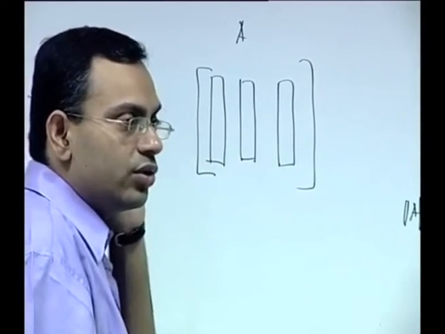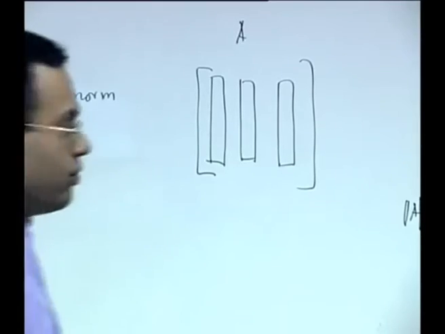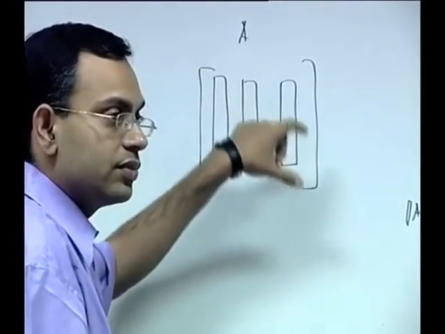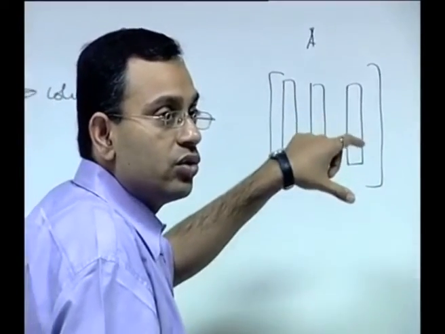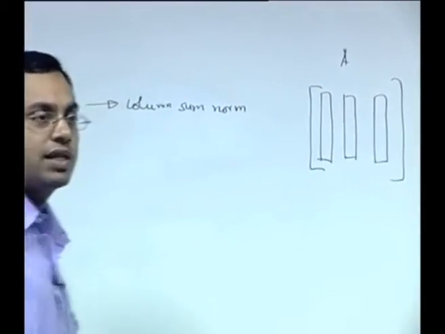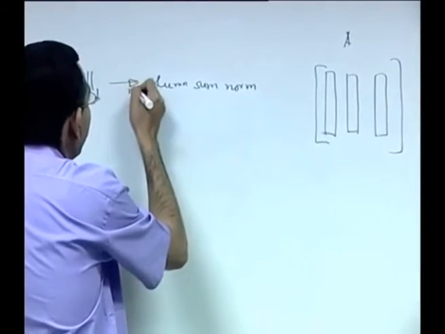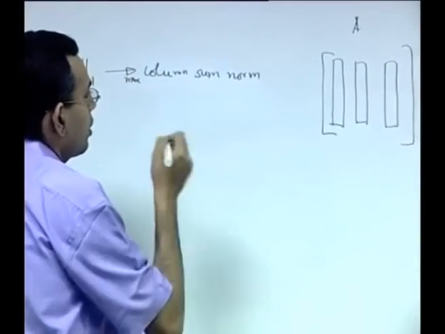Essentially you find the sum of the magnitudes of the elements of each column and find which one is the maximum. So, we can call this the maximum column sum norm.